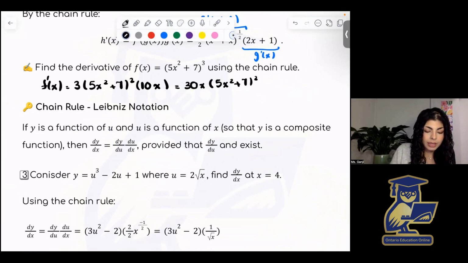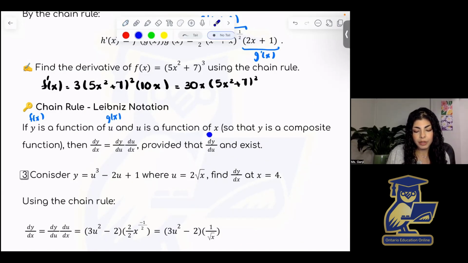And so this would be f of x, and this would be g of x, right? And u itself is a function of x, so y is a composite function. So then, when we differentiate y with respect to x, we have to consider that y is a function of u, which is a function of x.